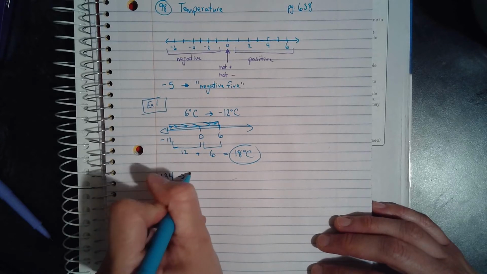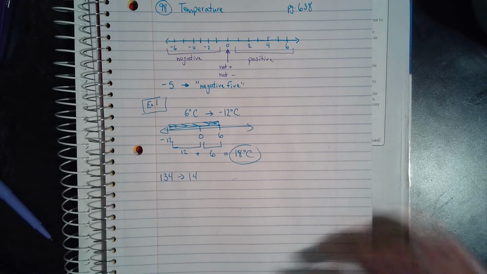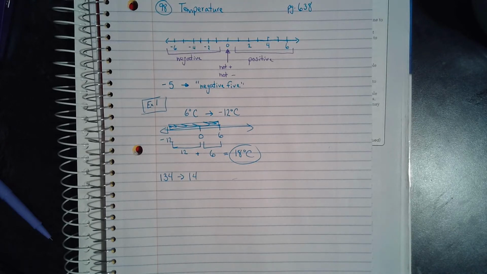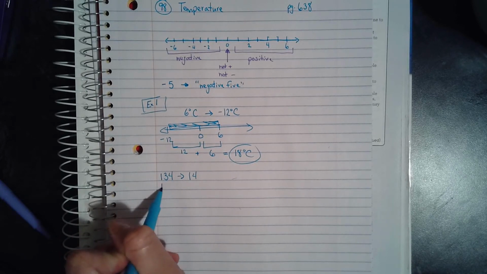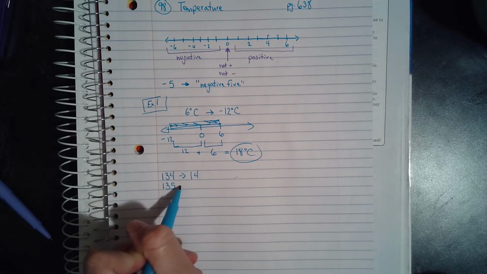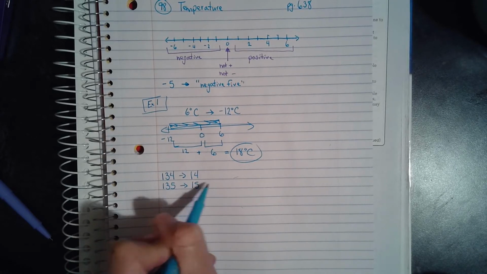134 to 14 degrees. And so in order to estimate those, what we could do is use compatible numbers. So we can make these numbers easier to work with. I could round this one to maybe 135 and then this one to 15.